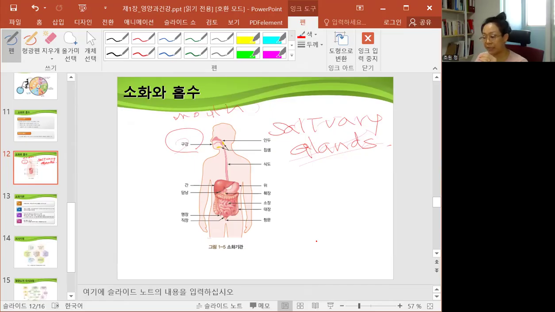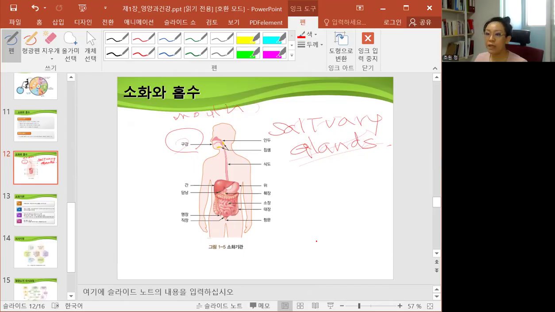Smaller pieces are easier to swallow and give a larger surface area for enzymes to work on later.